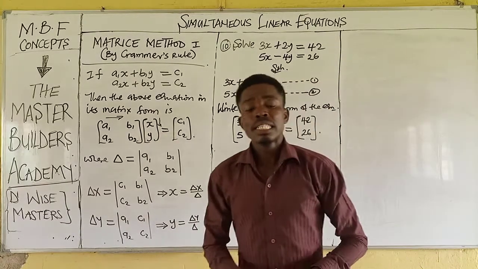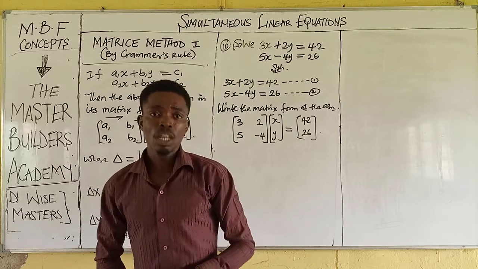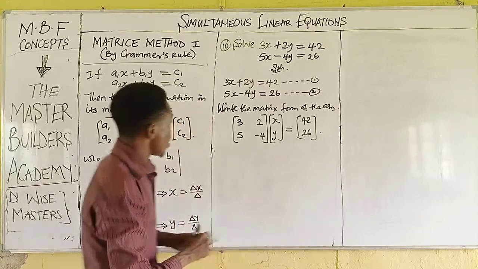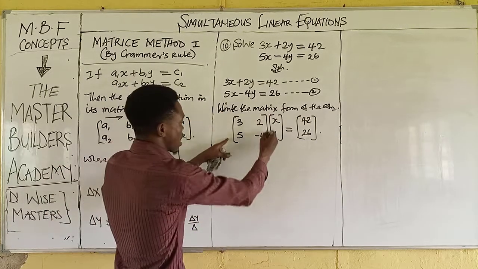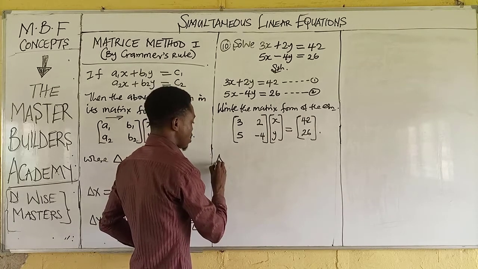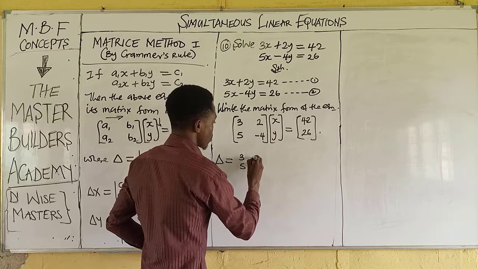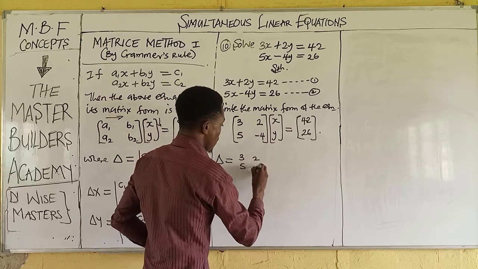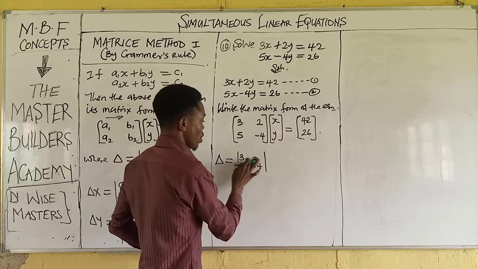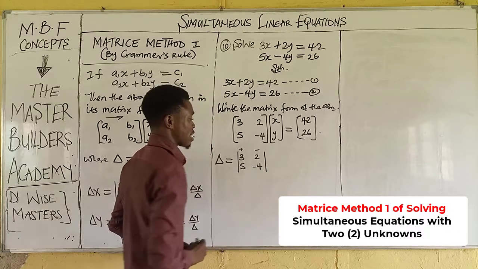What next? The next thing we are quickly going to do is to determine the overall determinant using the coefficients of the two variables. This is this bracket. So first is to determine the determinant of this, and the determinant is given as 3, 5, 2, minus 4, in straight lines. Alright? Now we have this as plus, we have this as minus.